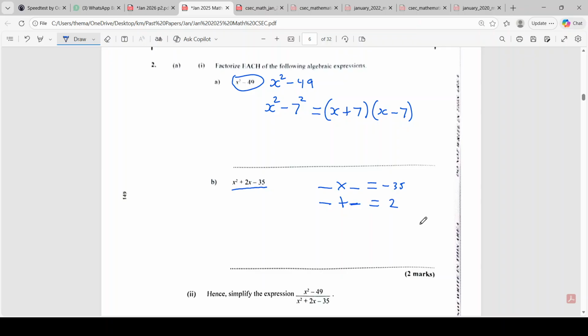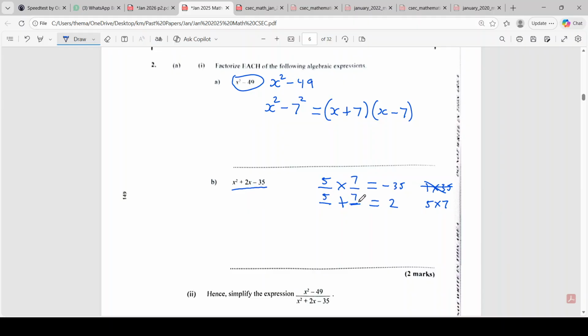What two numbers multiply to give you 35? 1 by 35 and 5 by 7. Now we have to add or subtract these numbers to get 2. 1 and 35, no way this is going to give me 2. 7 and 5, if I subtract 7 and 5, I get 2. So we know the two numbers must be 5 and 7.